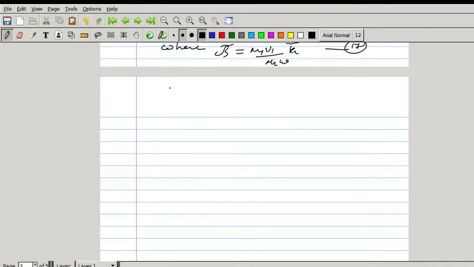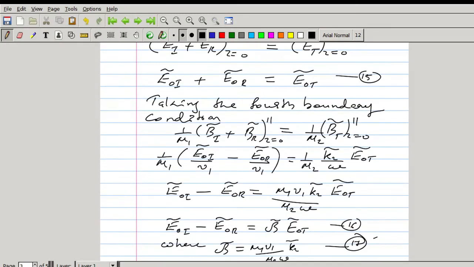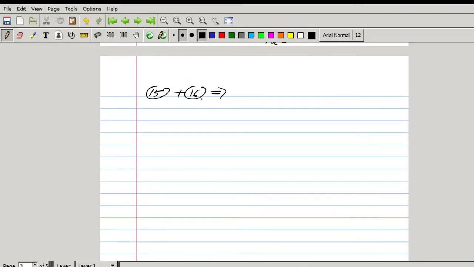So taking equation 15 plus 16: 15 is E0I plus E0R plus this one. So this will be 2 E0I, and E0R will get cancelled. E0T taking common, so 1 plus mu1 V1 K2 by mu2 omega is beta. So we will be having 2 E0I equal to 1 plus beta into E0t.